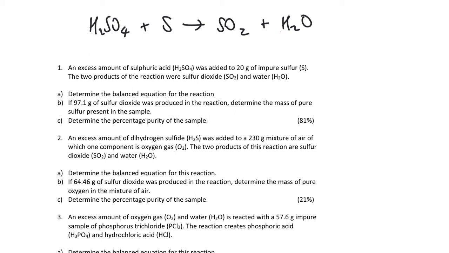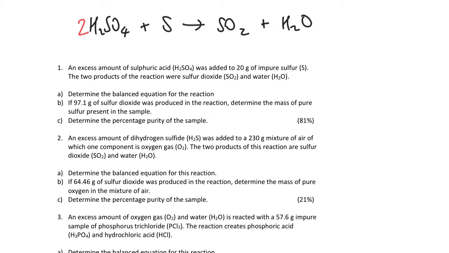You might have tried putting a 2 over here for the 2 sulfurs, and now I've got 5 oxygens on the right, but 4 oxygens on the left, so that can't work. So the coefficient of 1 can't be here. This being the most complex thing, I should make that a coefficient of 2.